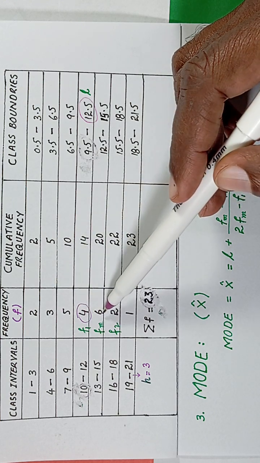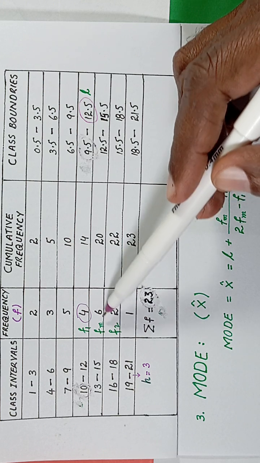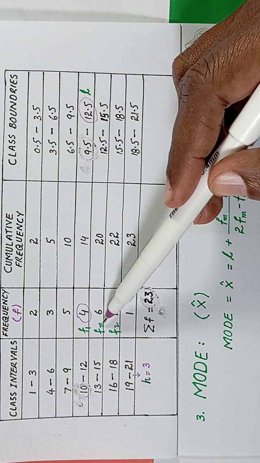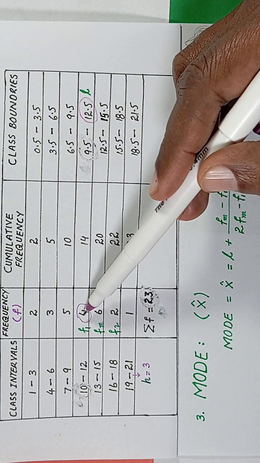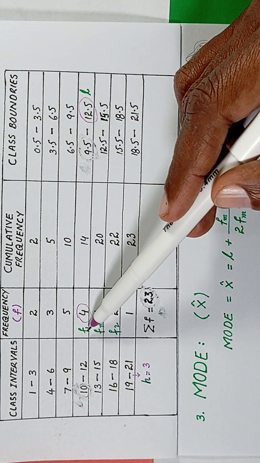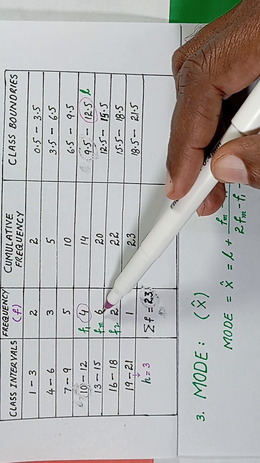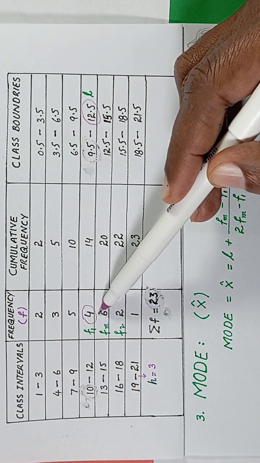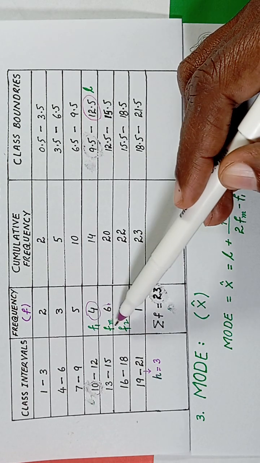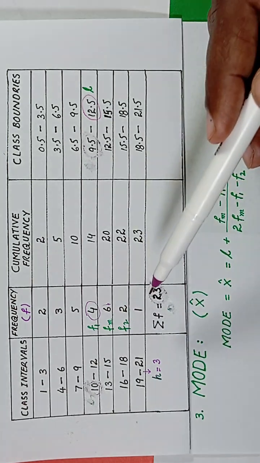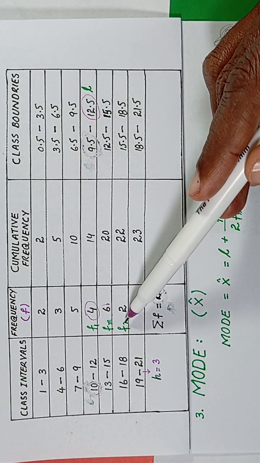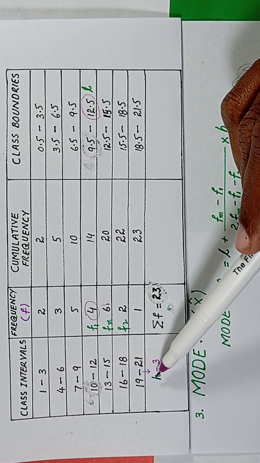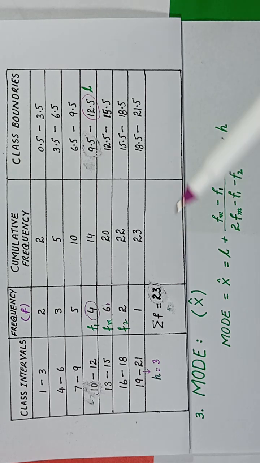Here you can see 6 is fm, and the frequency above fm is 4, which is called f1, and below fm there is f2, and h again is 3. It is the size of class interval.